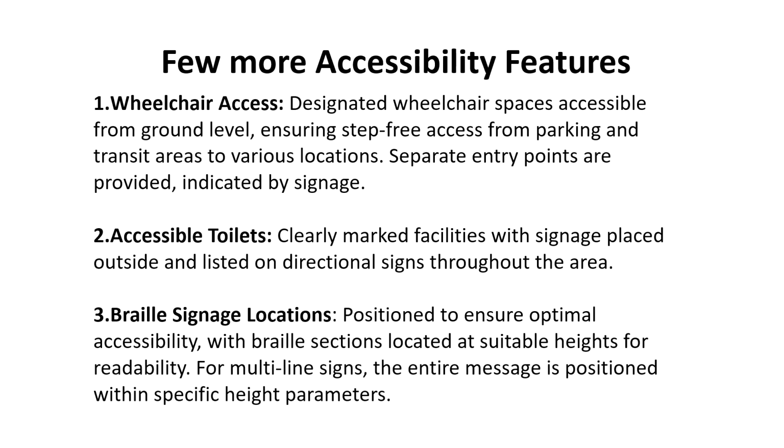The entire message has to be positioned between 1220 and 1525 mm from the floor level, so that a normal person as well as a blind person can easily touch and understand what the room or identification signage is telling them.